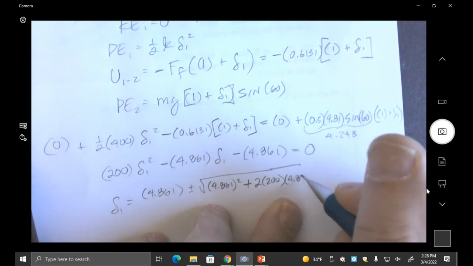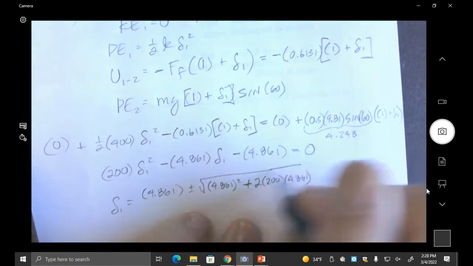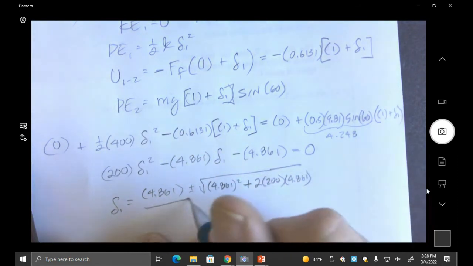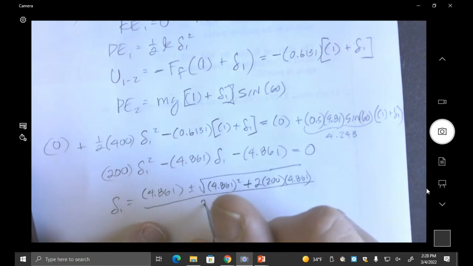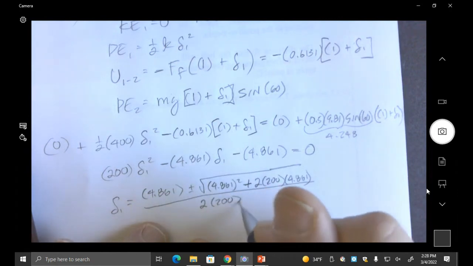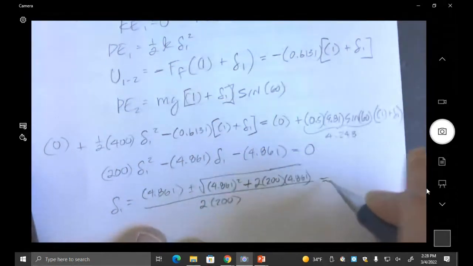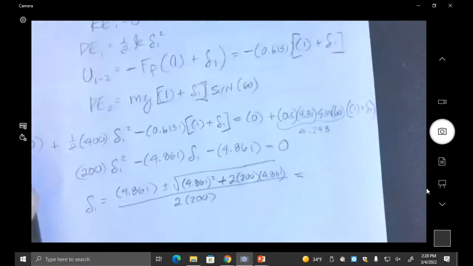That was nice. We don't have any chance of making this an imaginary number. Divided by 2a. And should be able to get 2 roots out of that.